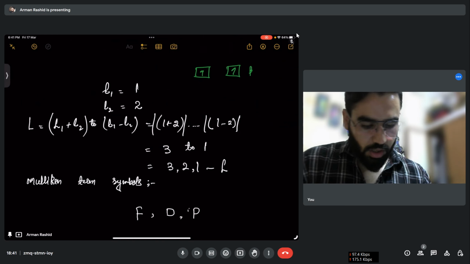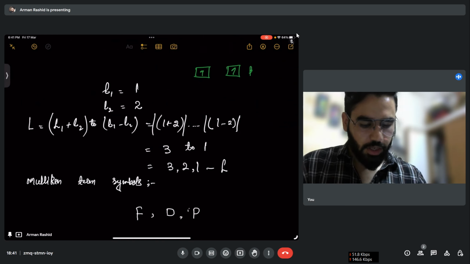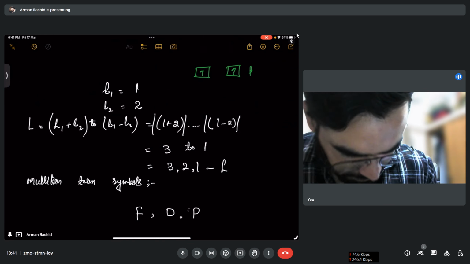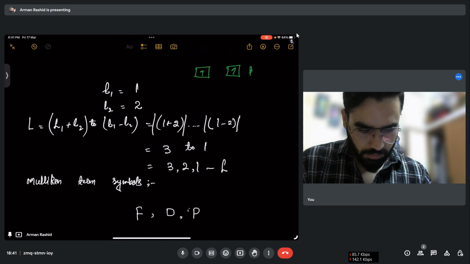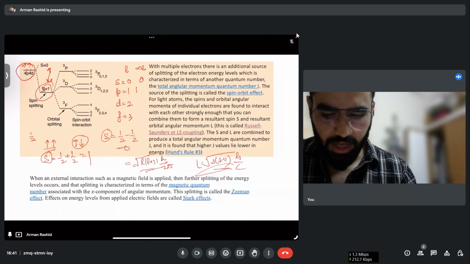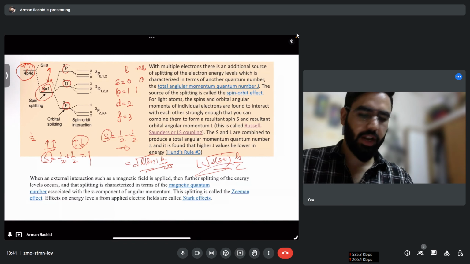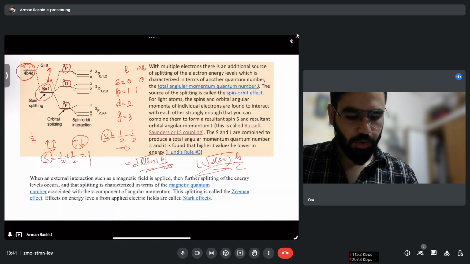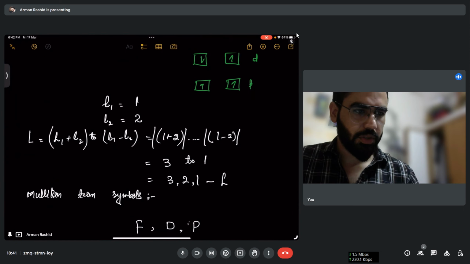When we have the 3 configurations, that is what we are showing here. We have an F, we have a D and we have a P. So 3 configurations. Now according to Hund's rules, F will be more stable.